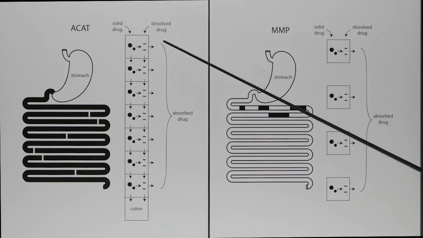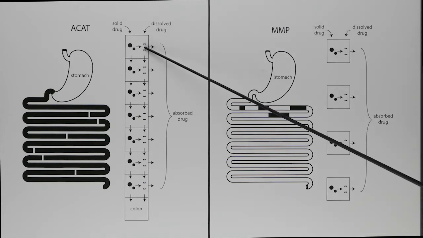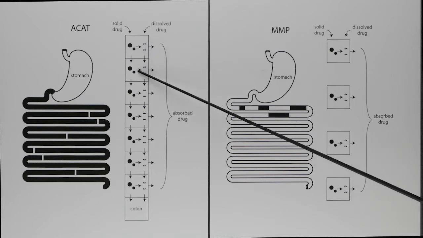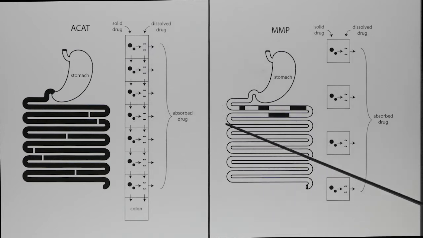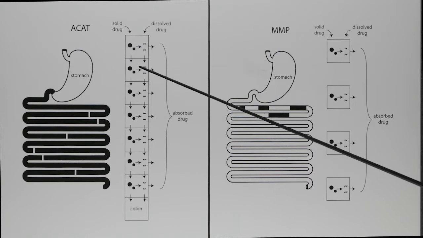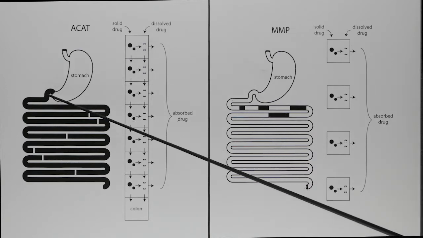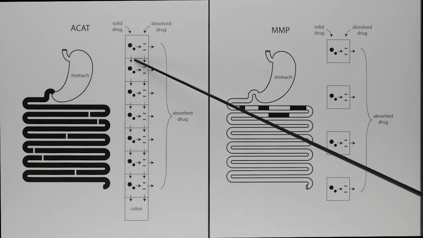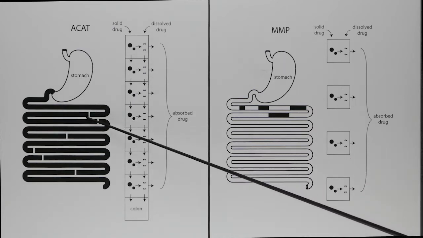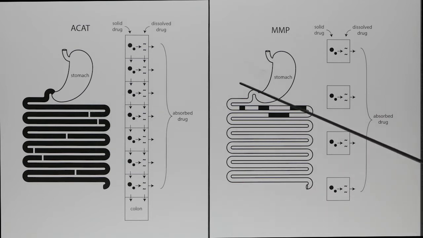As I mentioned before, the ACAT model treats the small intestine as a series of 7 stationary compartments. And it's important to remember that these compartments actually represent fairly long segments of the intestine. The barriers shown here are shown as breaks in this model.